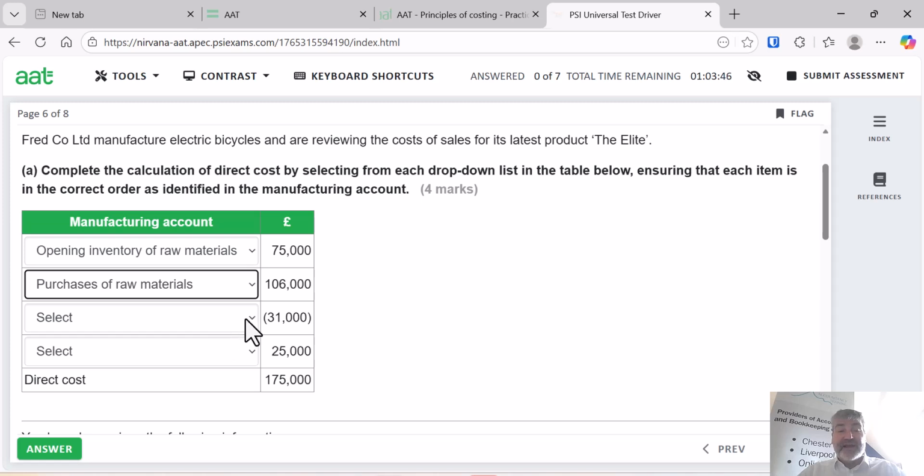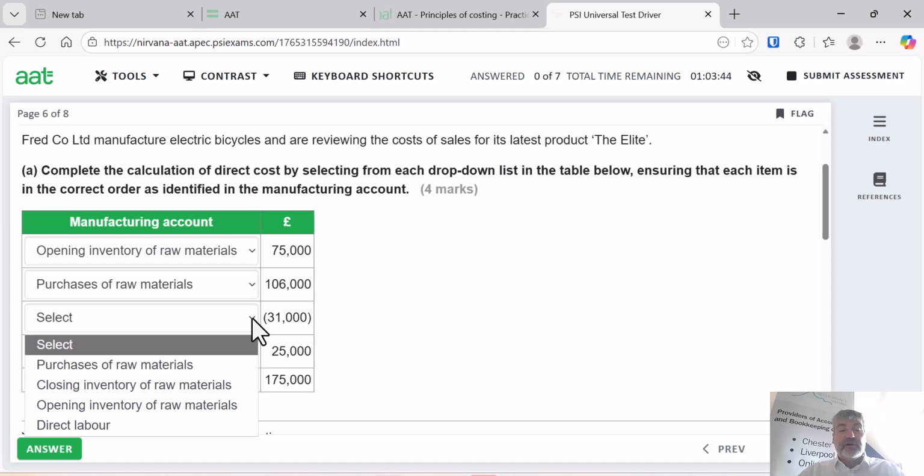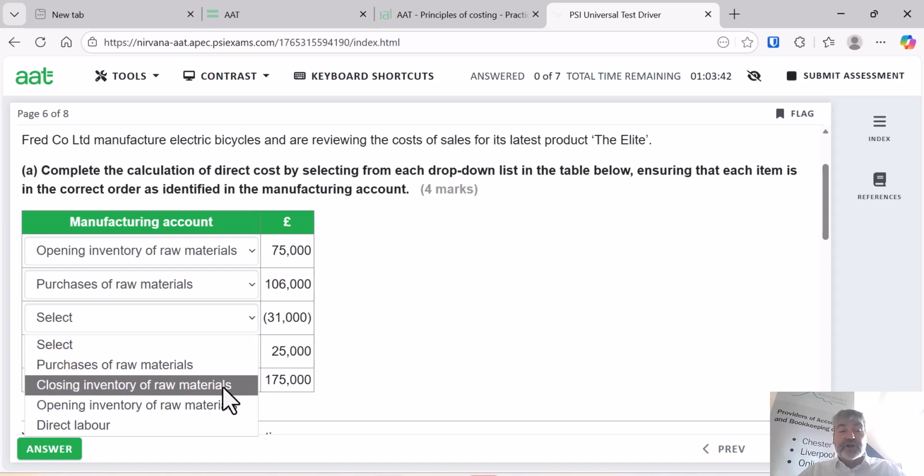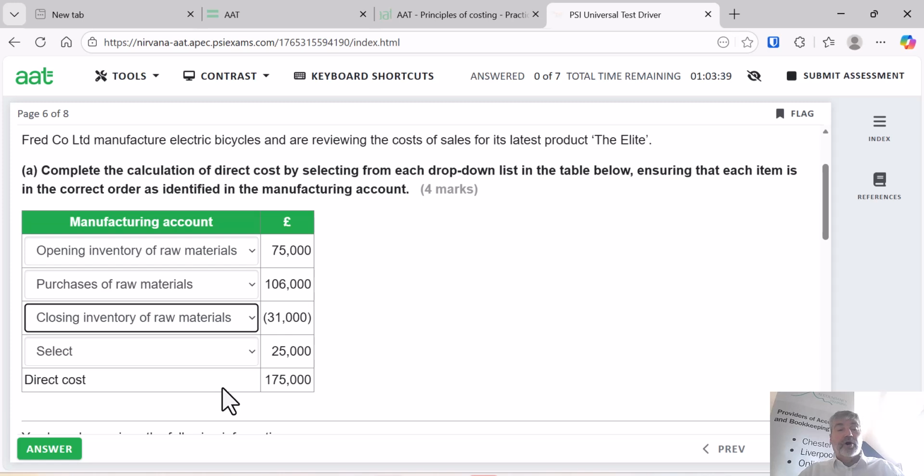So that negative 31,000 is going to relate to the closing inventory value of raw material. So basically £75,000 plus £106,000 minus £31,000 tells me that £150,000 worth of material were issued and used in the manufacturing process in the period.